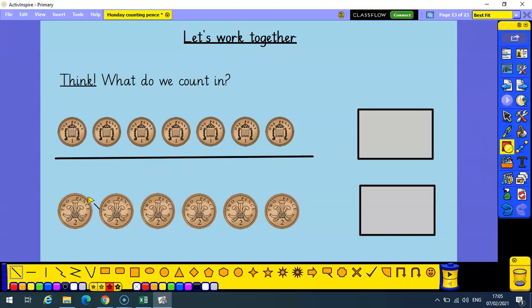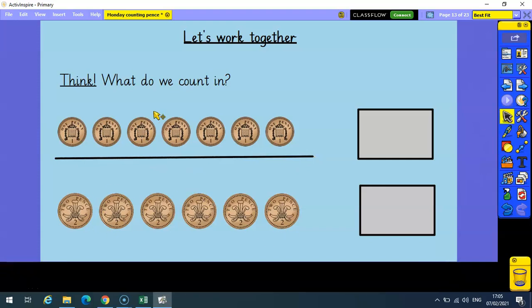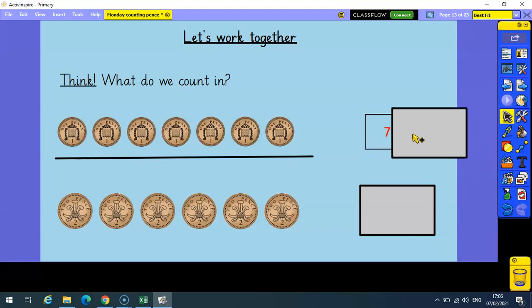Let me count the 1p's. 1, 2, 3, 4, 5, 6, 7. But when we're doing money, we never forget to put the correct symbol on. So we don't just write the number 7, we write 7p. You need the little p afterwards.